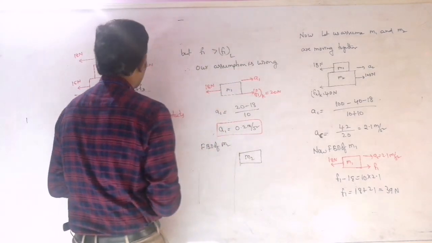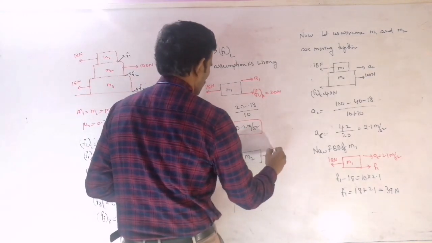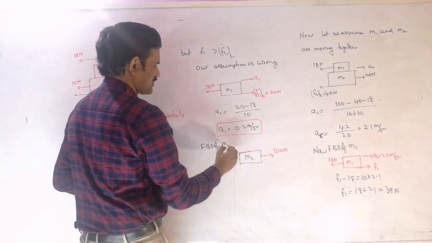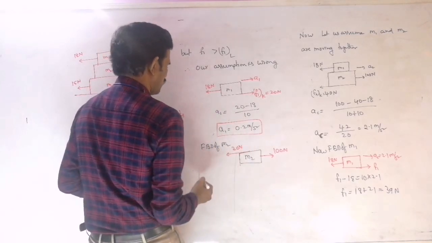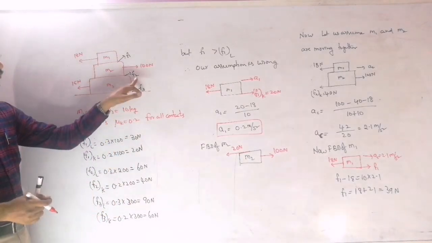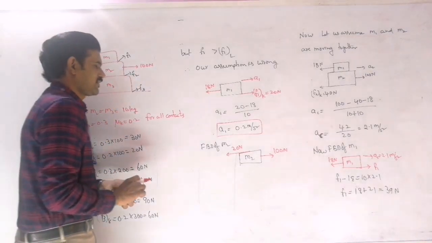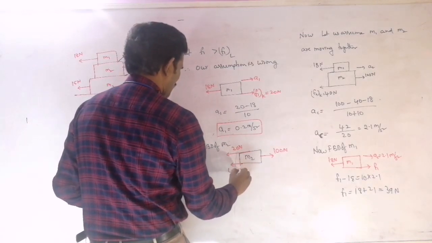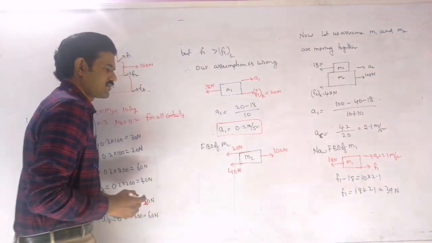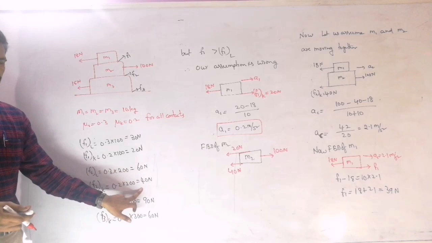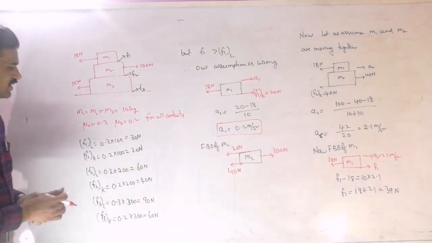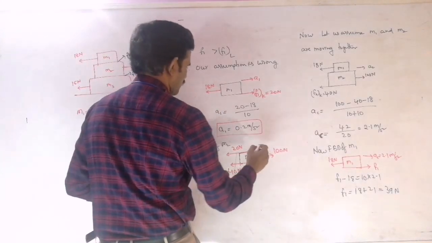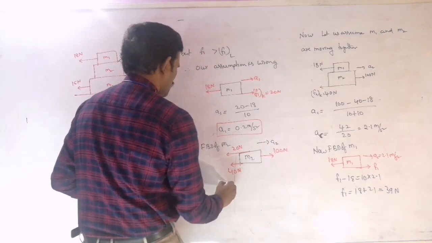On M2, the 100 newtons applied force is along this direction, the reaction force from M1 is 20 newtons acting backward, and the reaction force from M3, which is F2k, is 40 newtons, also acting backward. It accelerates with acceleration A2.